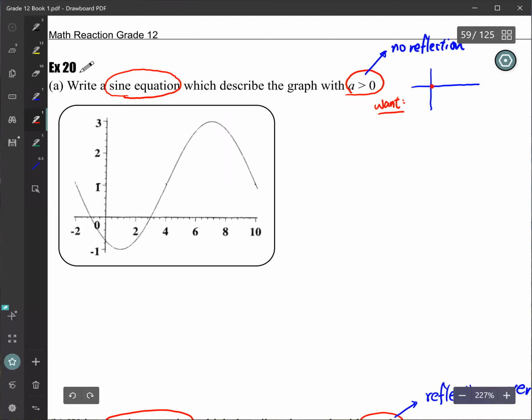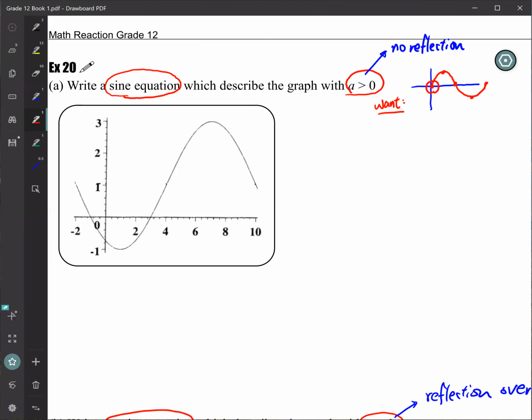Sine will start from 0, go up, go down, go down, go up. So you have to know what you want to find. Okay? So if they say cosine with no reflection, then it's a different story, right? You have to draw a different graph to find. All right, so we want this one, and then let's circle the origin right there.